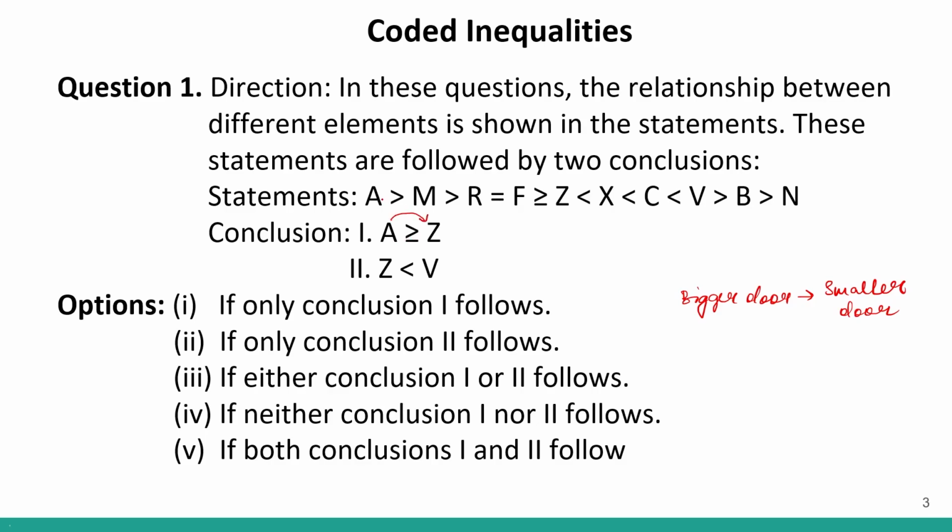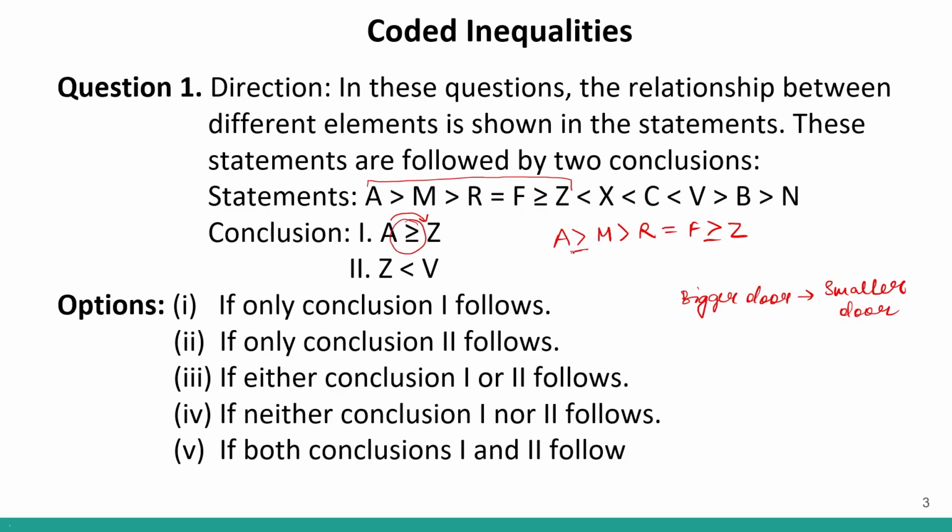If I move from A towards Z, I can see, with this much information, A is greater than M, which is greater than R, which is equivalent to F, which is greater than or equal to Z. So following the direction of bigger door to smaller door, I can see that A is definitely greater than Z, but is it greater than or equal to?